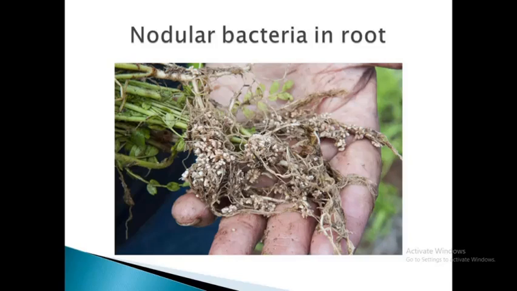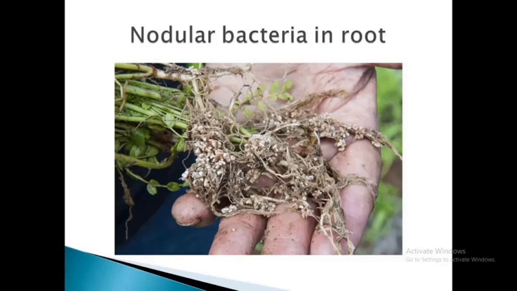They live in these nodules and get their food from the plant. And in return, they give the plant the nitrogen they fix from air. So they benefit from each other.